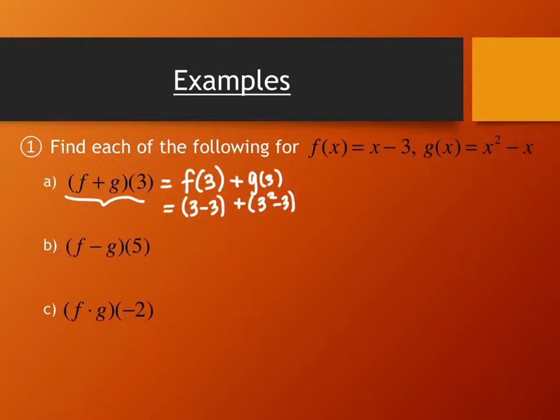And then the operation that it's telling me to use here is addition. So I'm supposed to add those quantities together. So what is 3 minus 3 plus 3 squared minus 3? It's 6.